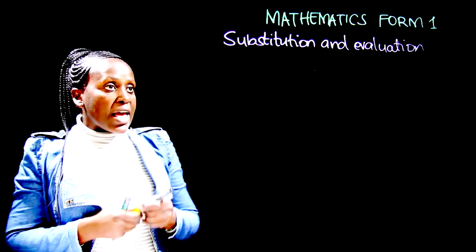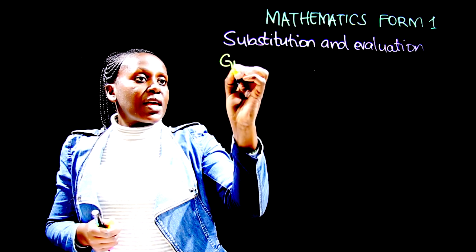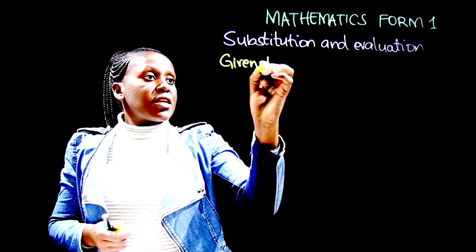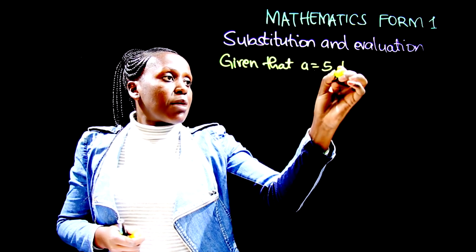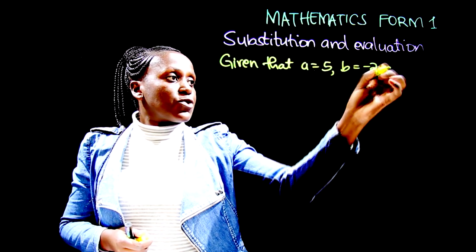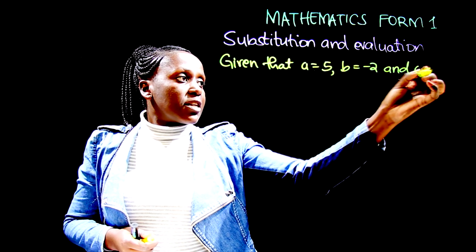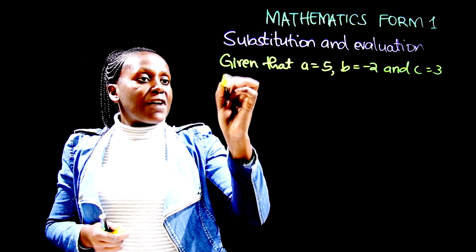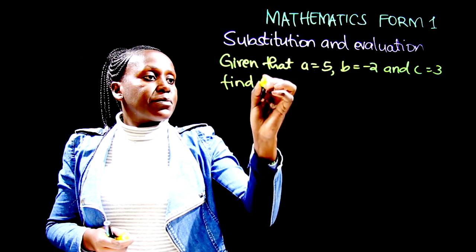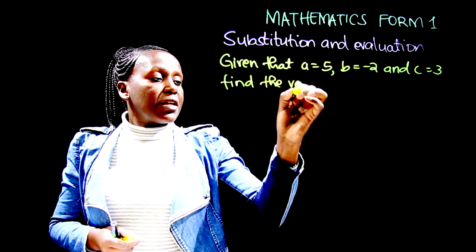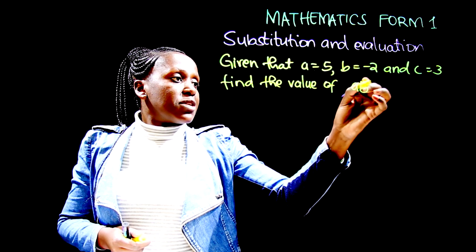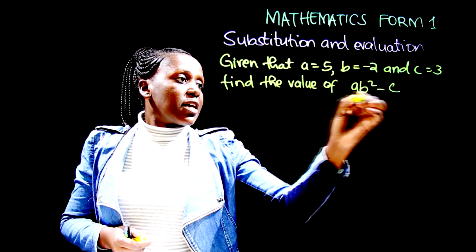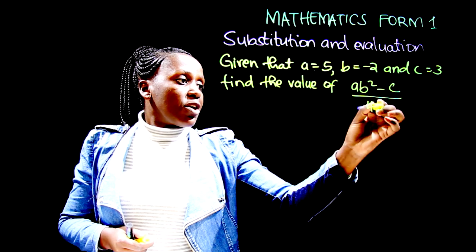For instance, given that A is equal to 5, B is equal to -2, and C is equal to 3, find the value of AB squared minus C, all that over 4AC.